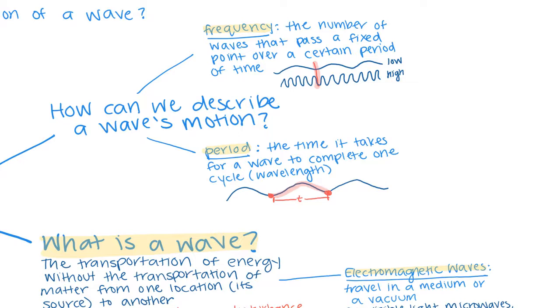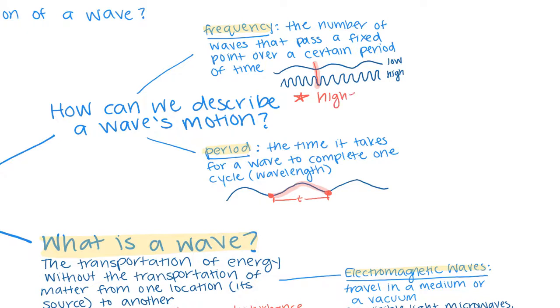Right. Last thing I will add here is about frequency, and I will kind of star this because this is one of our key points. And we'll get to this a little bit more when we talk about electromagnetic waves and the electromagnetic spectrum, but high frequency waves have a higher energy.